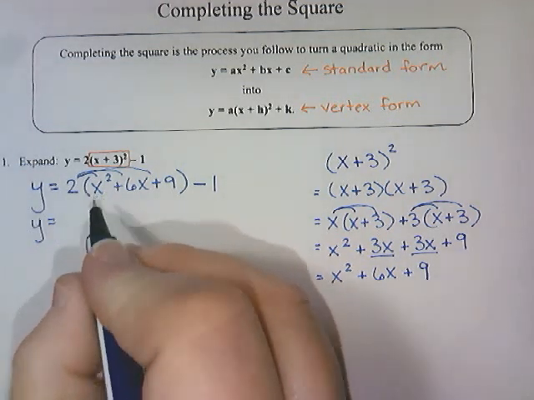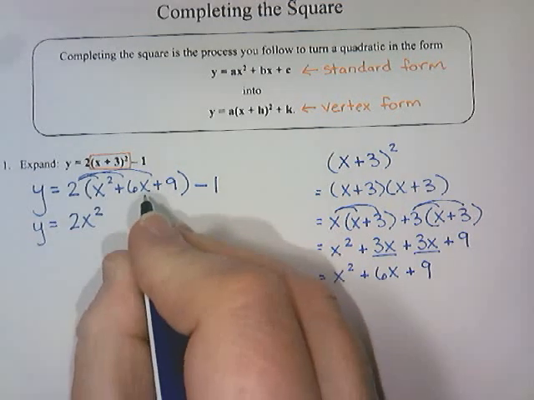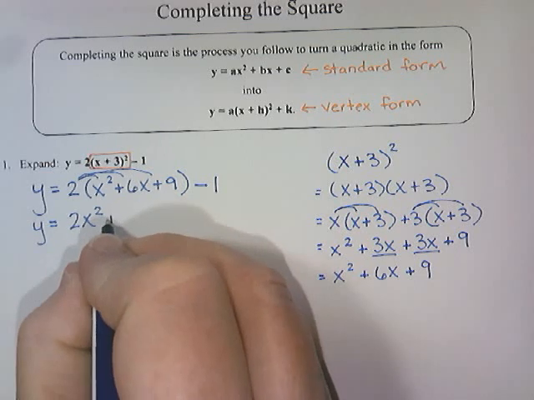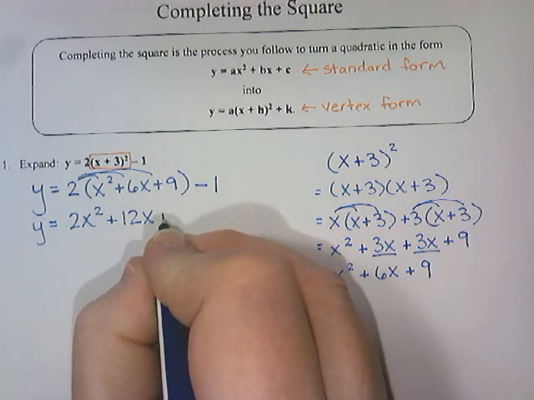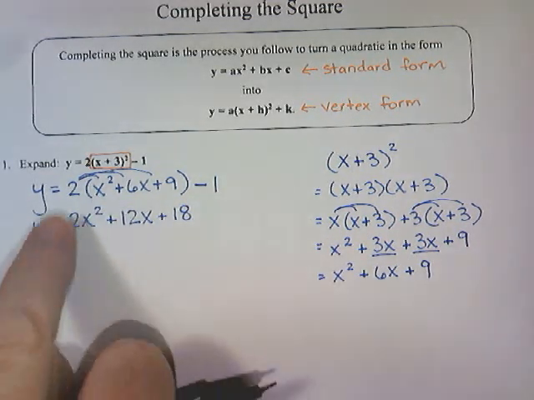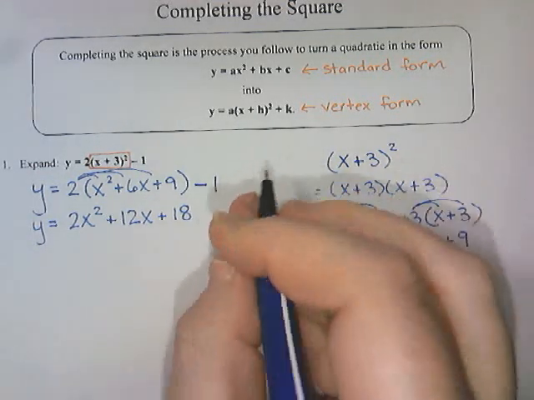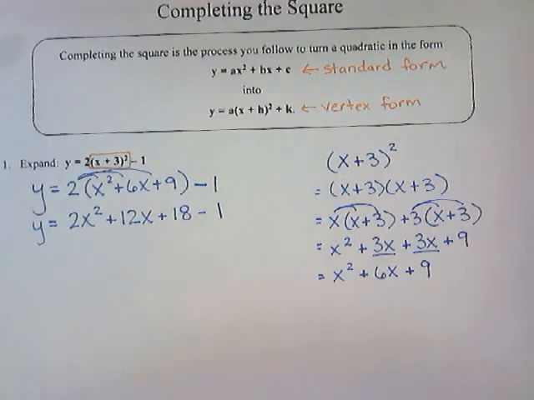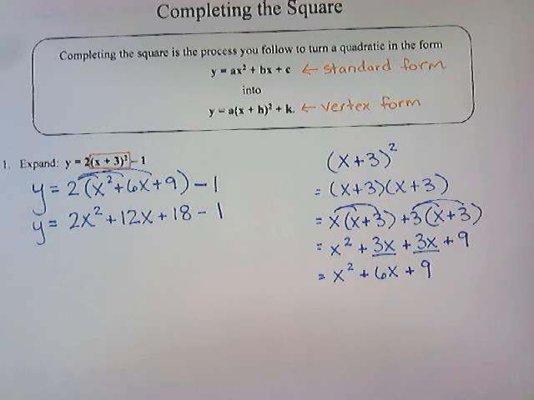So 2 times x squared is 2x squared. 2 times 6x, 2 times 6 is 12, so that's 12x. And then 2 times 9 is 18. I don't need the bracket anymore because we've multiplied by 2, which is why the bracket was there. And then I still have a subtract 1 at the very end. So I have expanded as much as I can. We've multiplied all of our brackets out, but now I need to simplify a little by collecting some like terms.